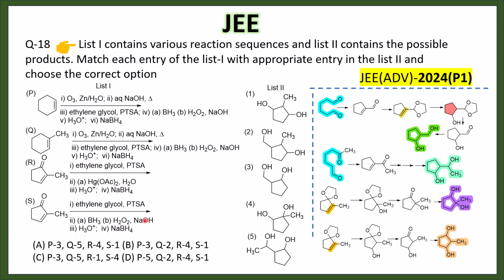And the last one, in the same way, this protection, and then in this case hydroboration-oxidation gives this alcohol at the less hindered side, and further deprotection gives this ketone, and reduction gives this dialcohol. So if we correlate, we can find this is the correct option.